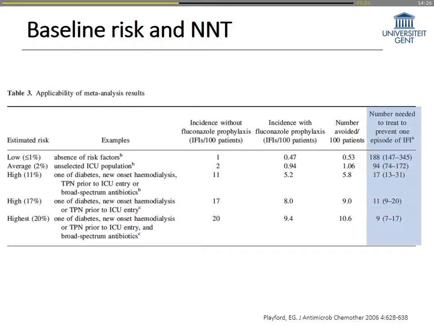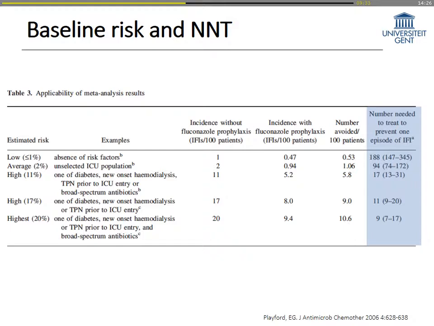So you can see, for instance, at the top of the table, if you have a very low risk of invasive fungal infection, lower than 1%, then you need to treat almost 200 patients before you can avoid one invasive fungal infection. And this is not going to be very effective.